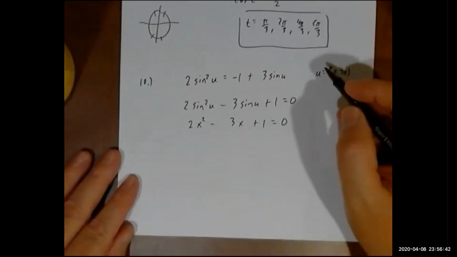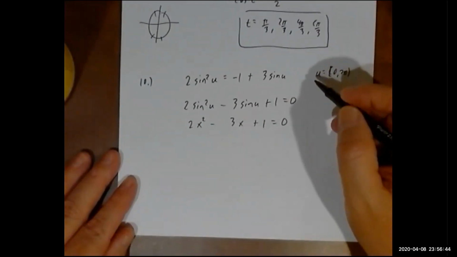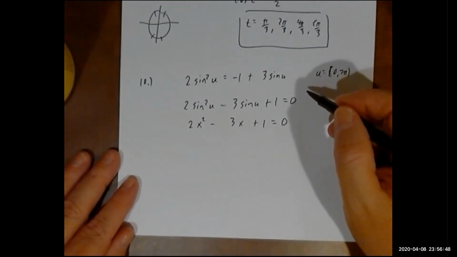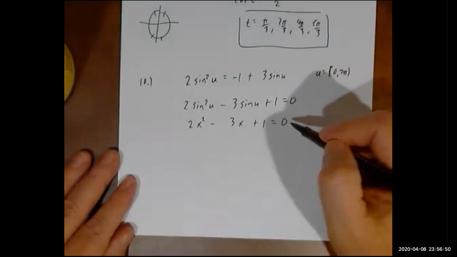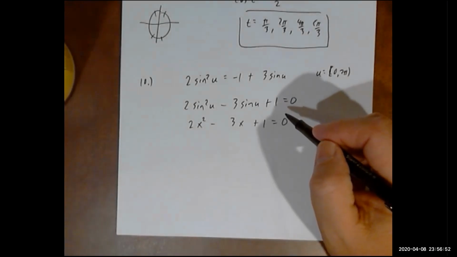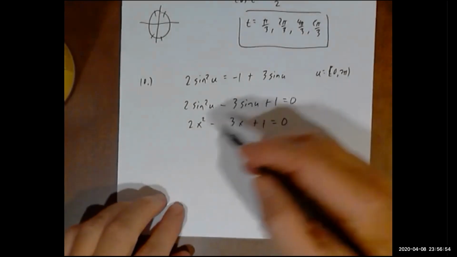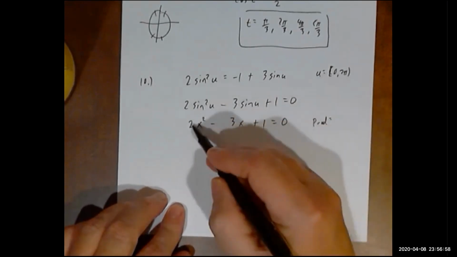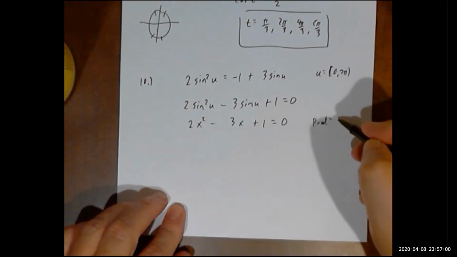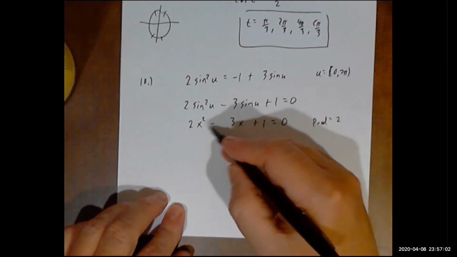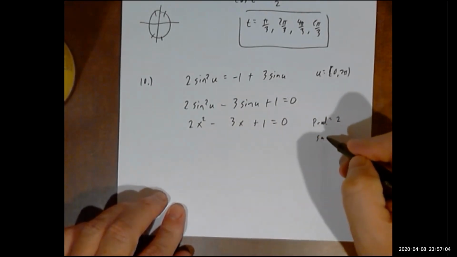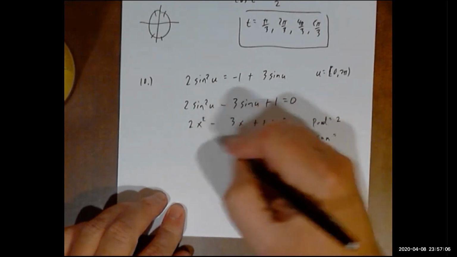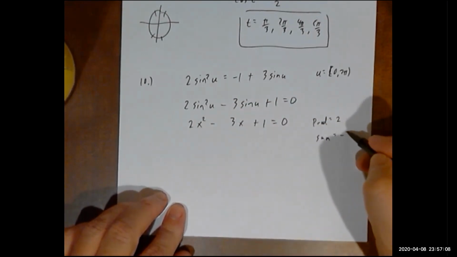Now, this is a trig class. A lot of you may not remember how to factor very well if it's been a while. So I'm just going to do this. I'm not going to take a lot of time to explain what I'm doing. Here's the way I like to factor these. My product is this 2 times this 1, and then my sum is the middle coefficient.